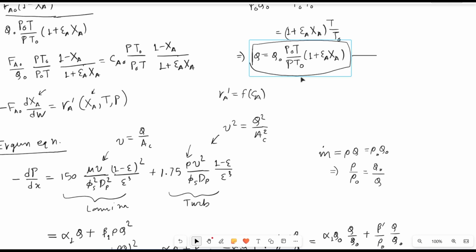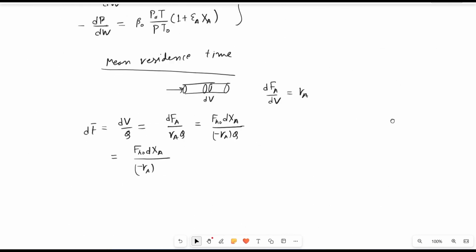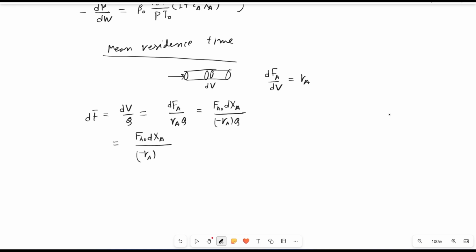So we will write Q is equal to P naught T by PT naught, Q naught, 1 plus epsilon xA, which is equal to, now FA naught by Q naught is concentration CA naught, CA naught dxA divided by P naught T by PT naught, 1 plus epsilon xA.